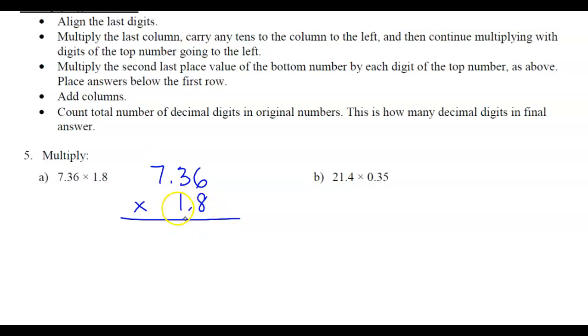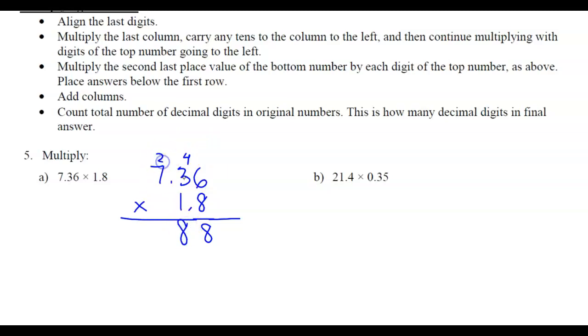Then you do it with 1. So 8 times 6 is 48. I show the 8 of the 48, but I carry the 4 to the left. So really, if you look sideways, you see the 48. Then I multiply 8 times 3 is 24, plus that 4 is 28.